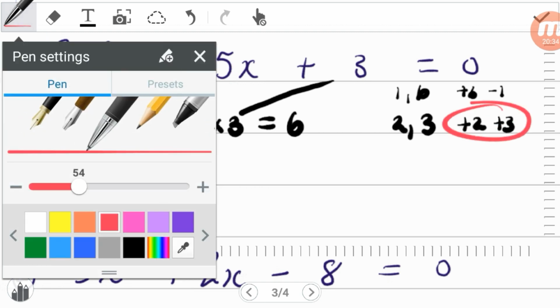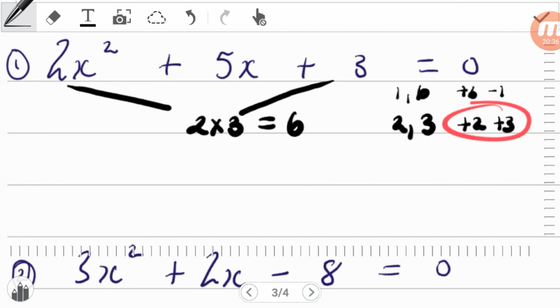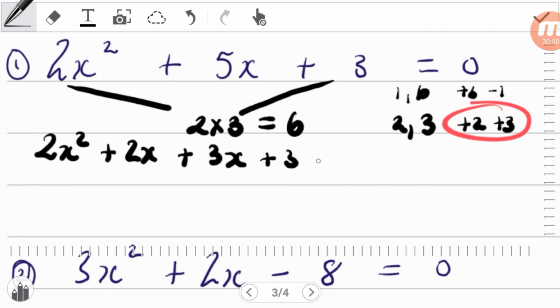So here we go then. We're going to have 2x squared, then we're going to have positive 2x, positive 3x, plus 3 equals 0. Alright? And then now clearly we're going to be factoring by grouping.